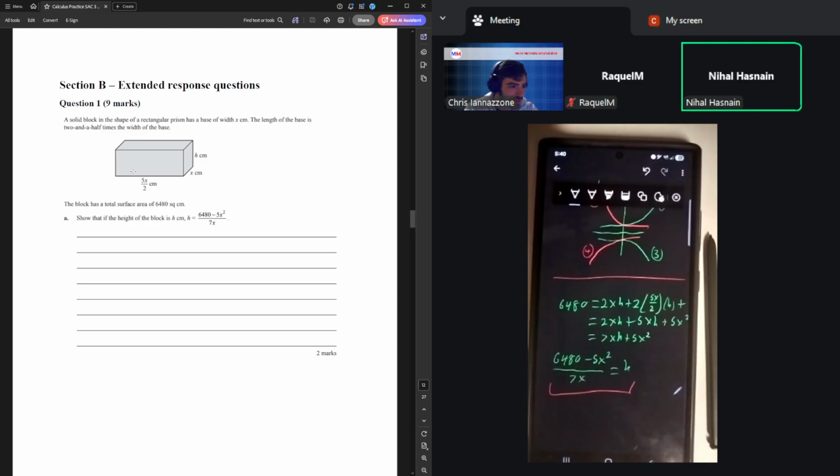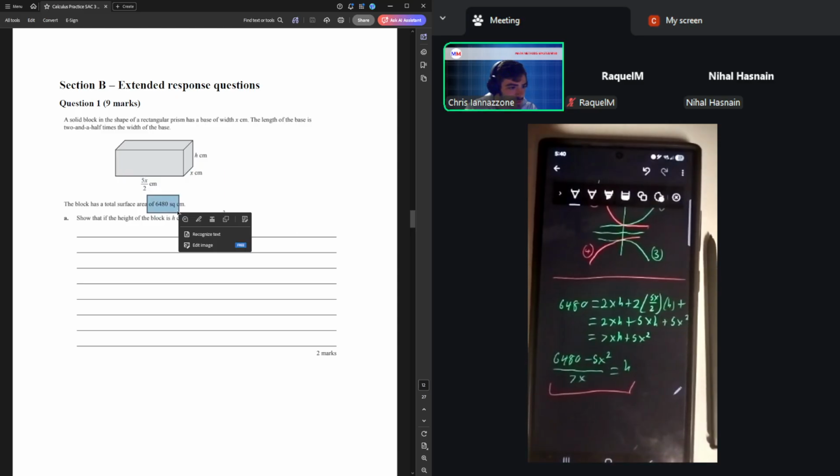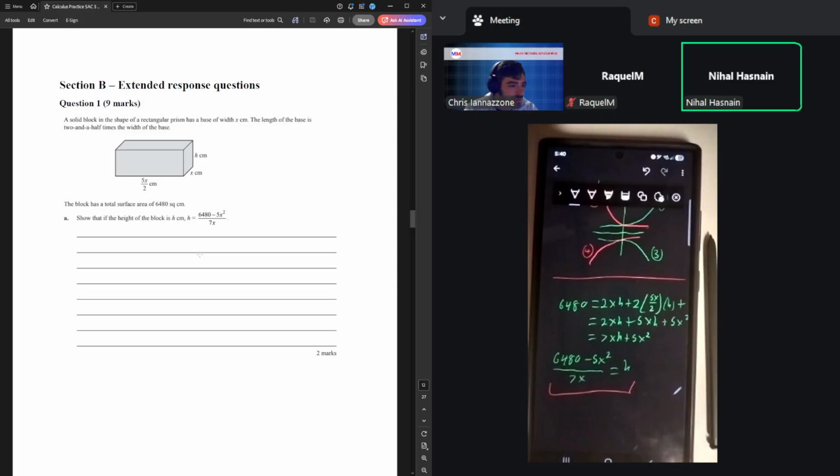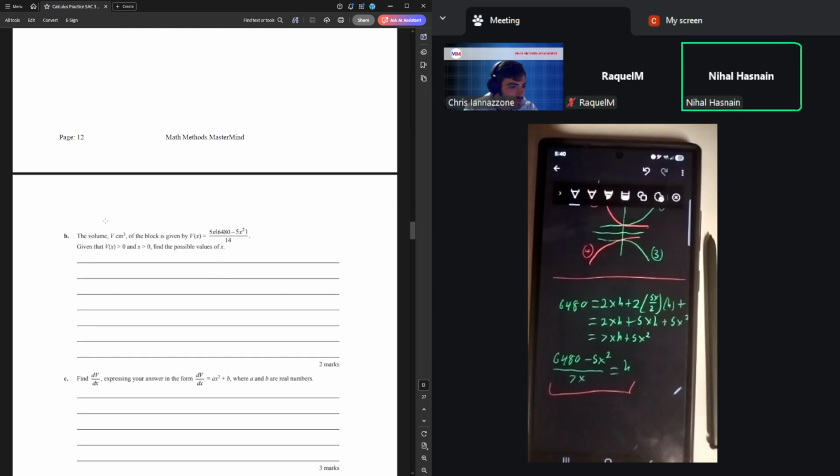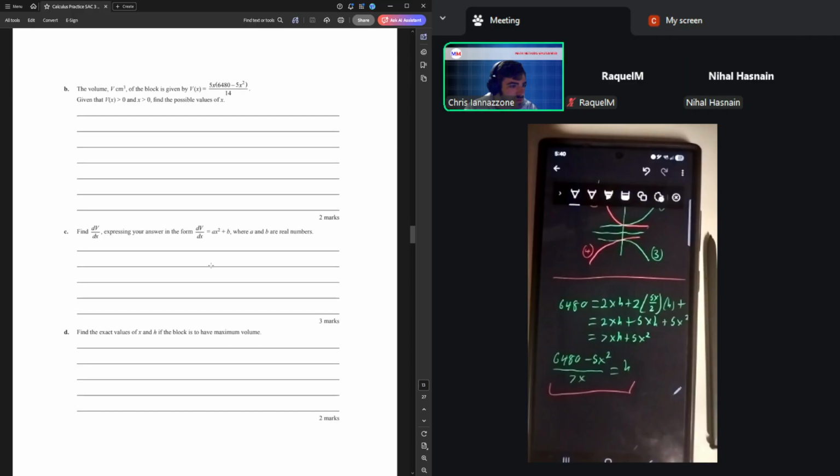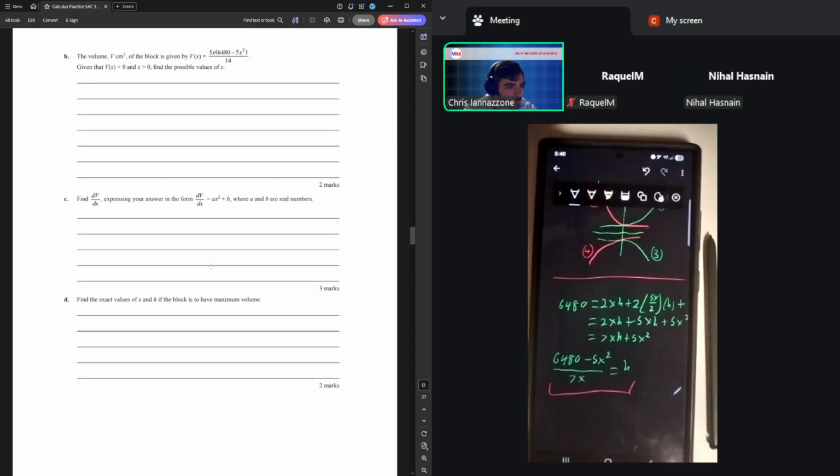Basically put, you're not going to be able to have infinite length or depth because you have a certain max or specific surface area that you've got to achieve. Volume's going to have similar things going on with it as well. This is tech active, so we can rely on our CAS tools for this as well.